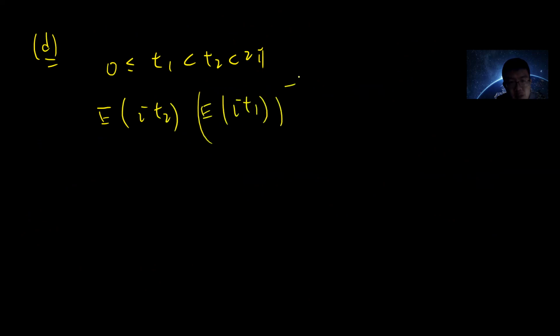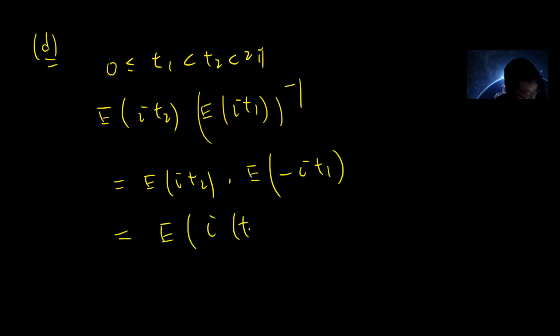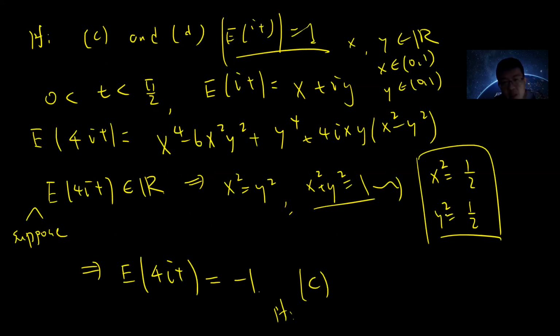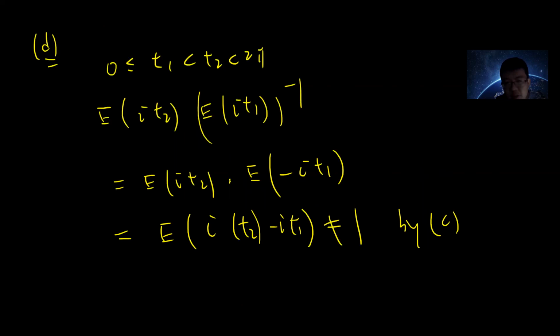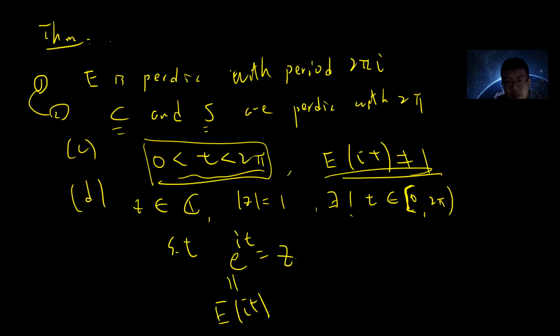Now let's prove D. For D, let's consider this. I know that exponential it2 times exponential minus it1 will be, by definition, exponential i(t2 minus t1), which is non-1 by C. So C tells you that in this region it is non-1, which tells you about the uniqueness of D, because their difference cannot be 1.